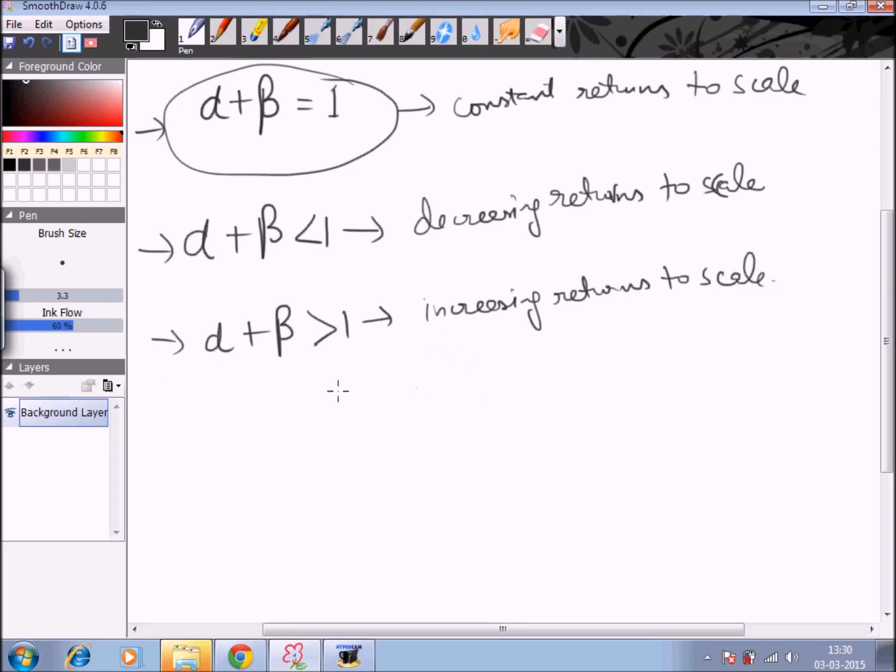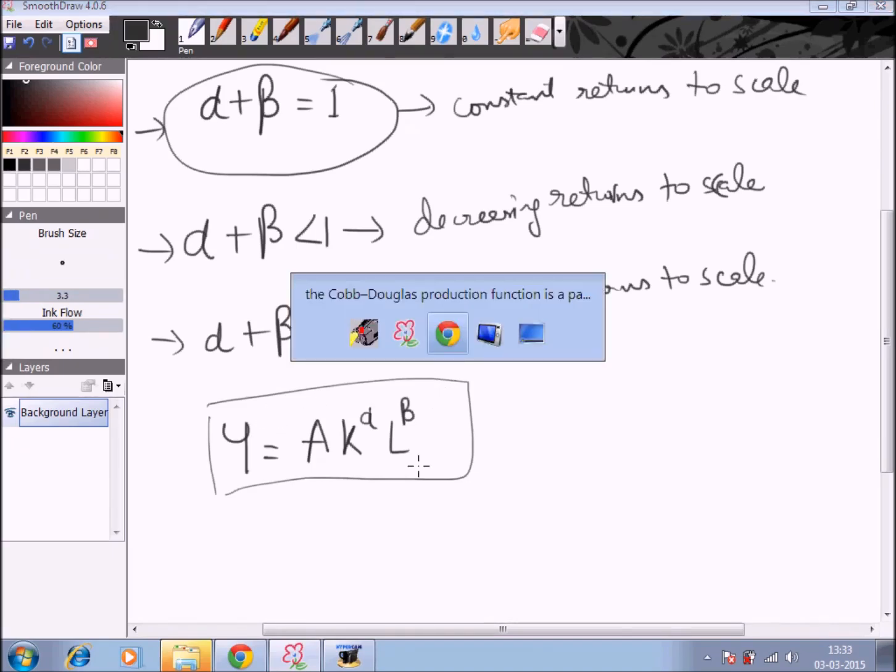So this was the Cobb-Douglas function. That is why our output is equal to A, this is factor productivity, into K to the power alpha and L to the power beta. And this is how we can determine the law of returns to scale through this production function.